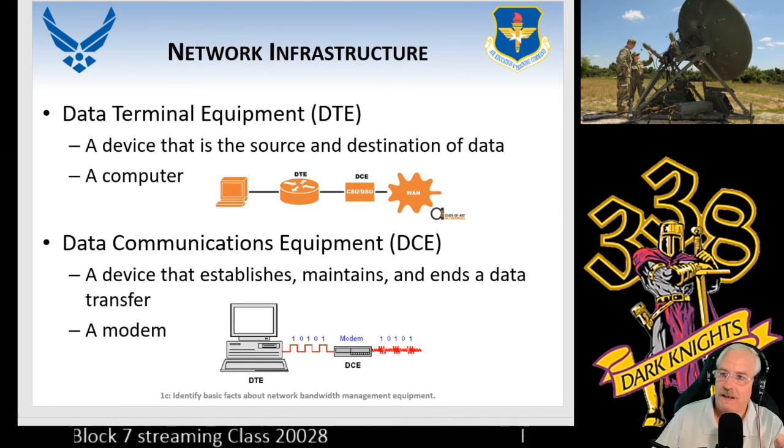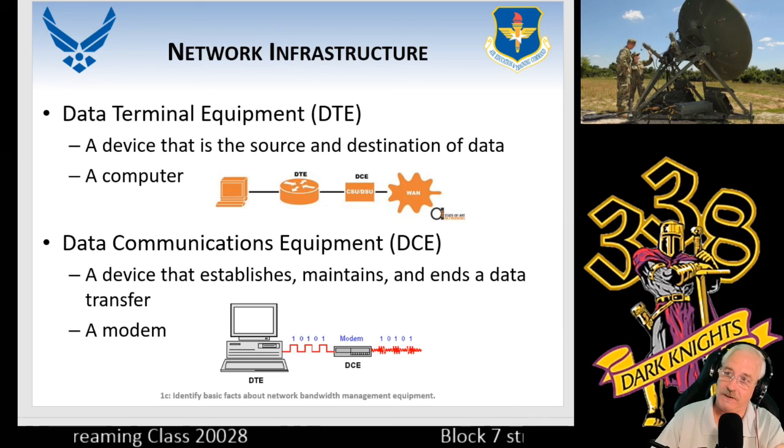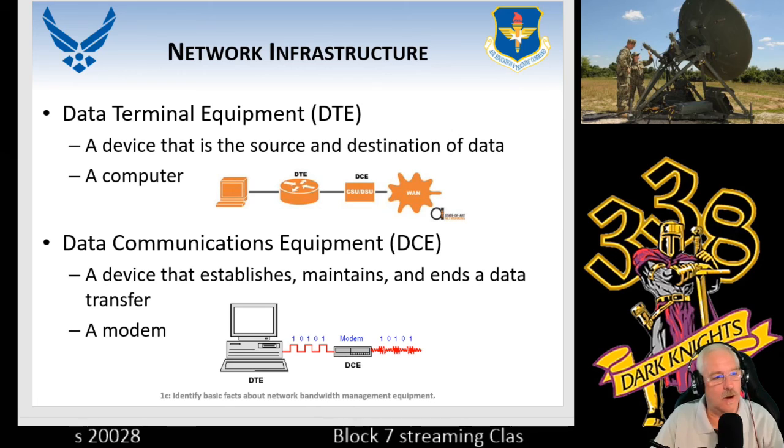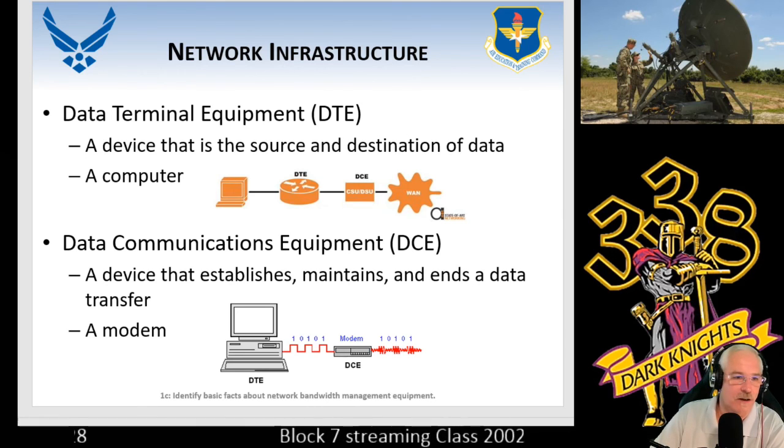With DCE, it's the communication device that goes from the computer to that communication device and then out the distant end. So a modem would be one, a router modem that you normally get nowadays with your Wi-Fi. Those are some examples of a communication device.